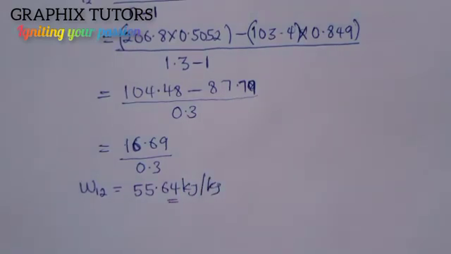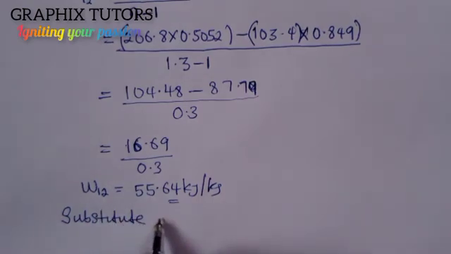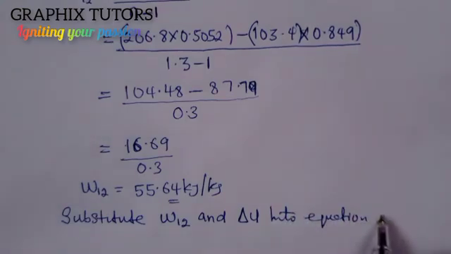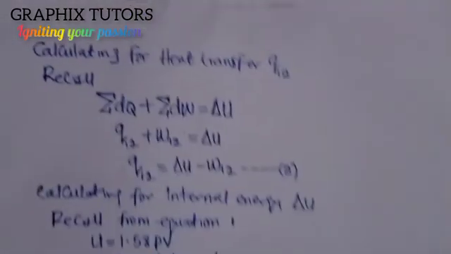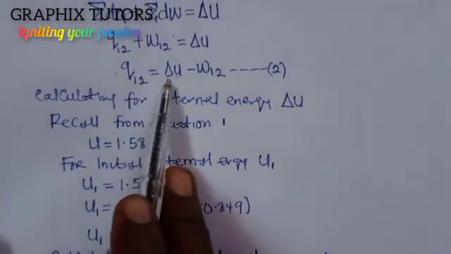That's the work transfer. Now recall, you substitute W12 and the change in internal energy into equation 2. Equation 2 gives us Q12 is equal to delta U minus W12.